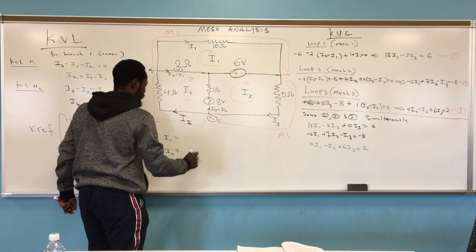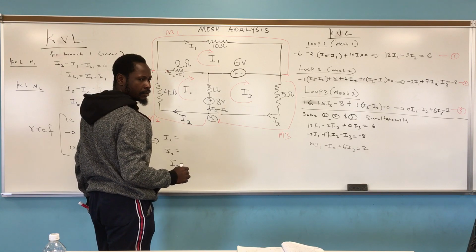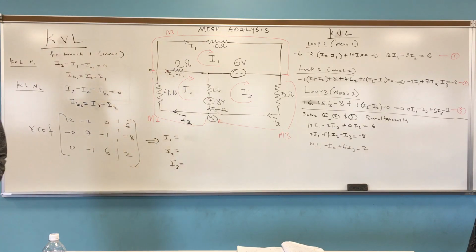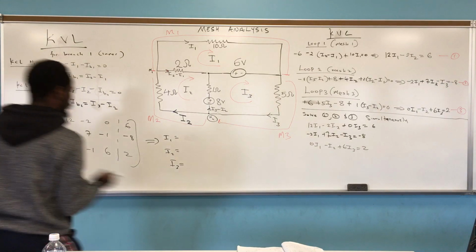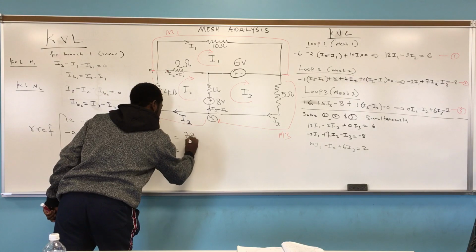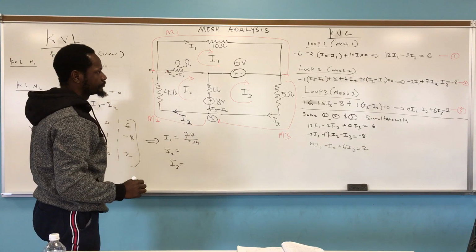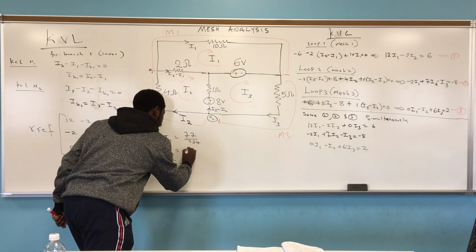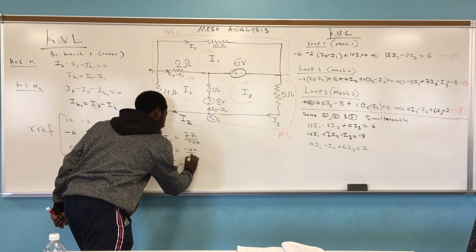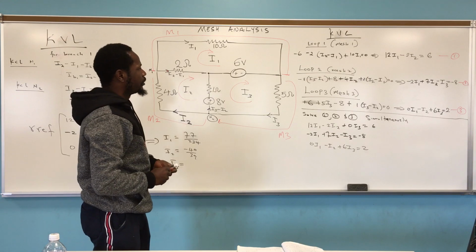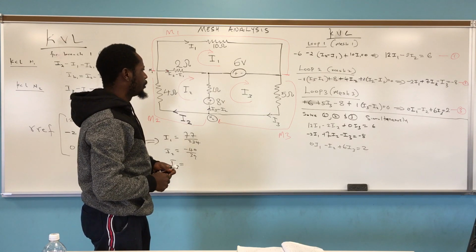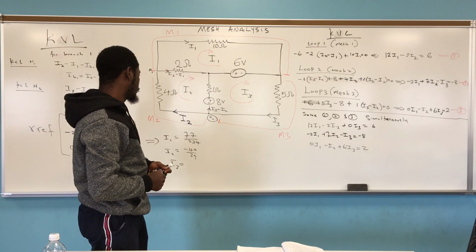Okay, I will give you in fractions. I1 is 77 over 234. I2 is minus 40 over 39. I3 equals 19 over 117.